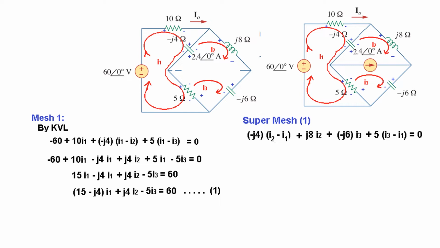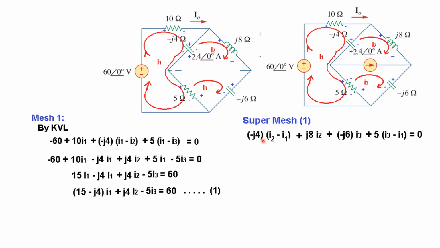And now we come to the super mesh, and for the equation from here again we start from any one point. Starting from here, it is now plus sign, but we have minus J4, so we write minus J4. And since we are in this mesh, I2 will be the superior, so I2 minus I1.